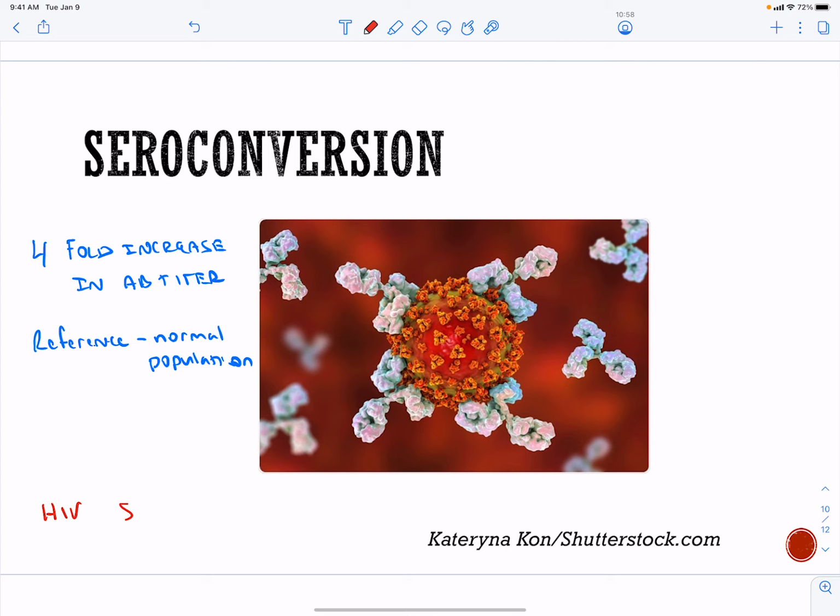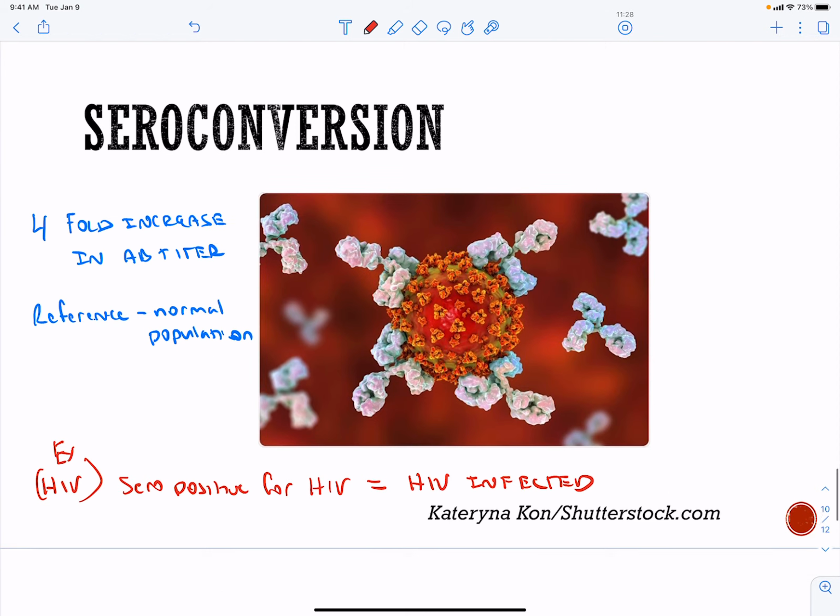If you are seropositive for HIV, meaning you have HIV antibodies, you're HIV infected. So this is our example. Seroconversion means that you've seen the pathogen. If it's a known chronic infection like HIV, seroconversion means you have the infection, so it can be used interchangeably.